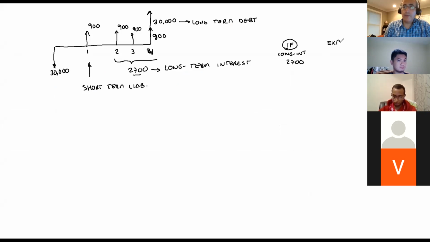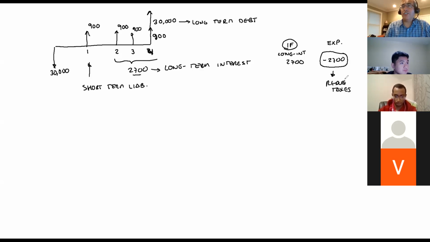Do you agree? So I need to do a 2,700 expense here. Agree? So who do you think is going to complain? What is the effect of expenses, guys? Exactly. The expenses reduce taxes. Yes or not?